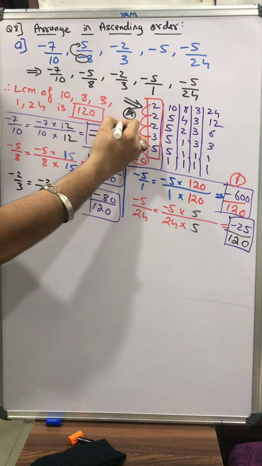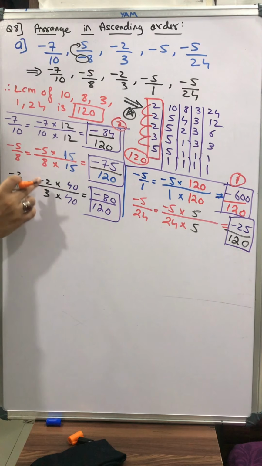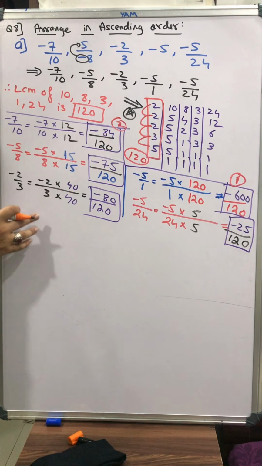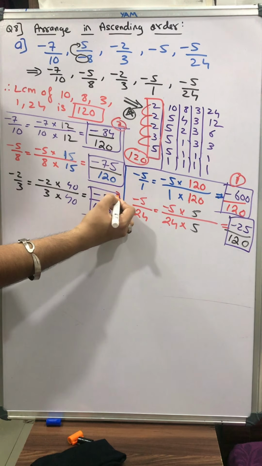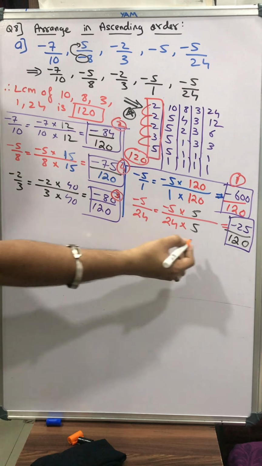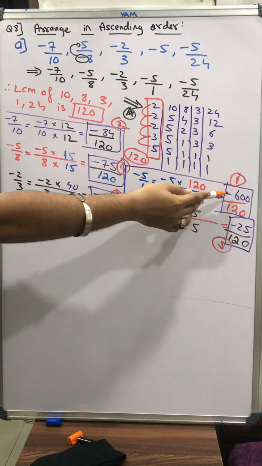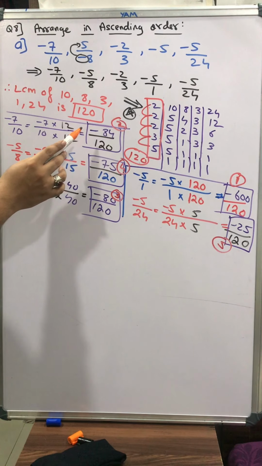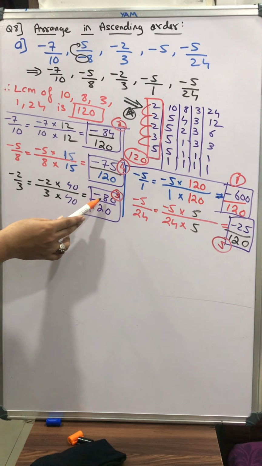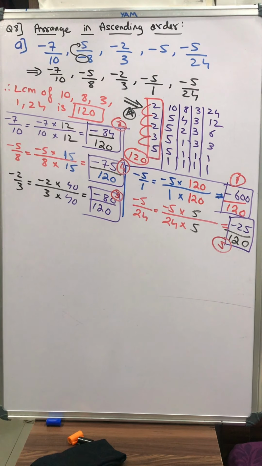So this will come as the second number. Then after minus 84, the smallest number will be minus 80. Then after minus 80, this one is the fourth, and then comes the last, the fifth one. So first we took minus 600, second minus 84, third minus 80, fourth minus 75, and then minus 25.